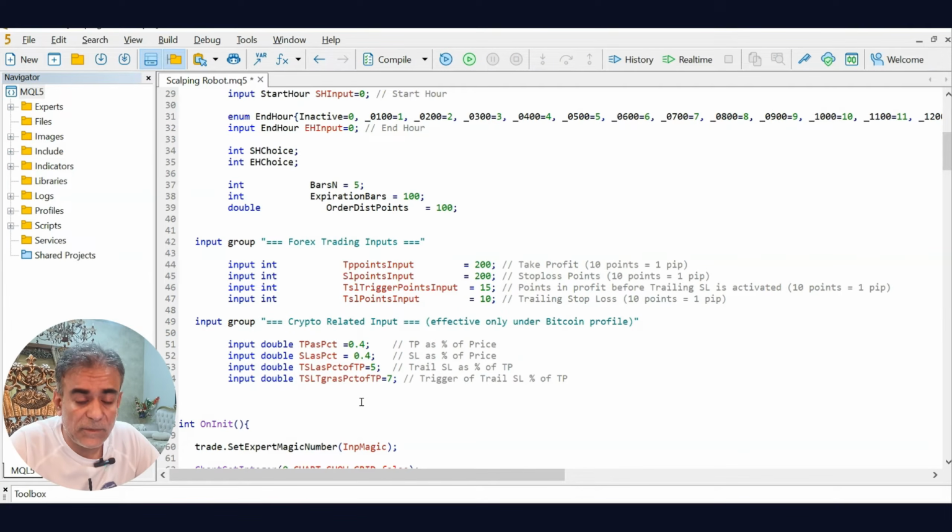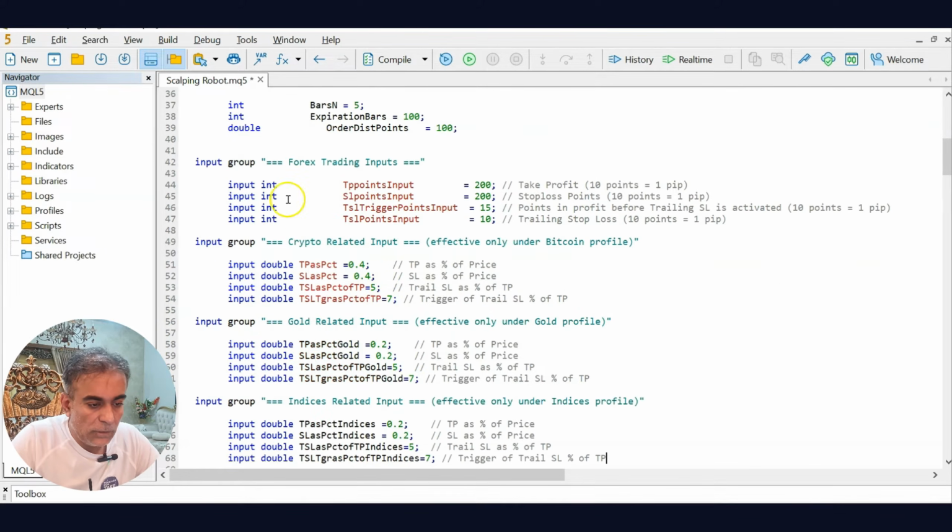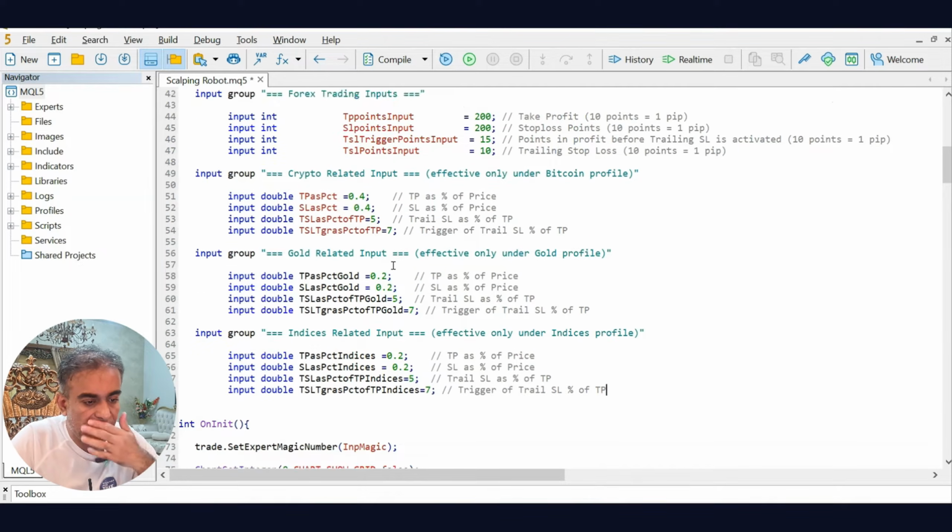So as an example, if the price is 60,000 and we say 1% of the price is our TP, then 600 points is going to be our TP. 600 price up from the price, and 600 points below from the price will be our stop loss. And then out of that 600, if we say 10% is our trailing stop loss, then 60 points are going to be our trailing stop loss. We're going to do exactly the same for gold and for indices as well.